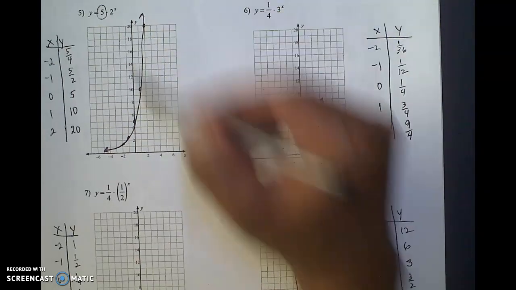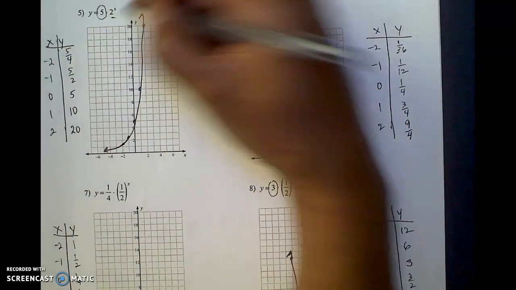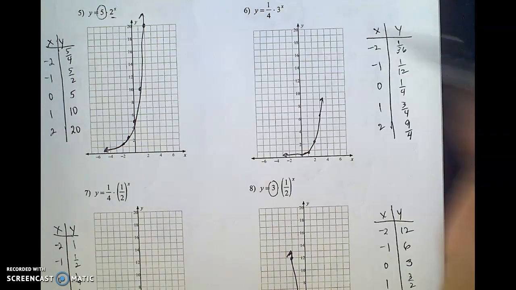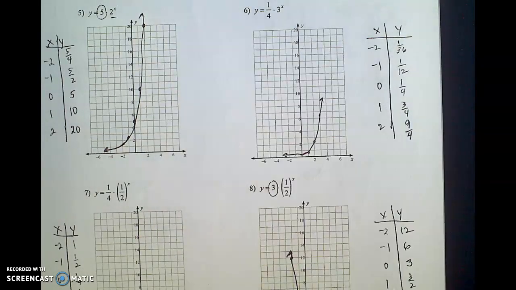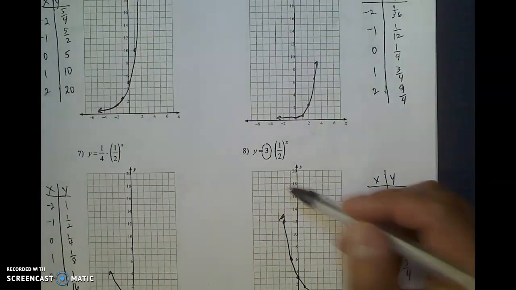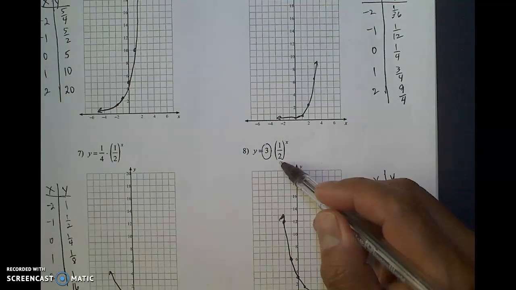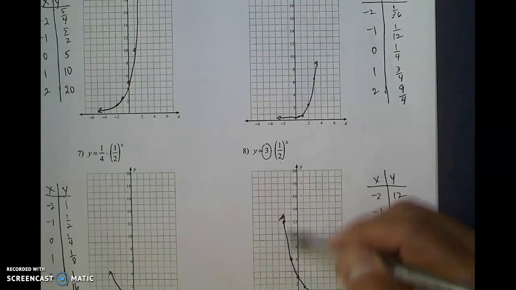Because our base is a number bigger than 1, we have our curve going this way, and it's going up faster, as opposed to here, where with our fractional base it's going to be on the left.